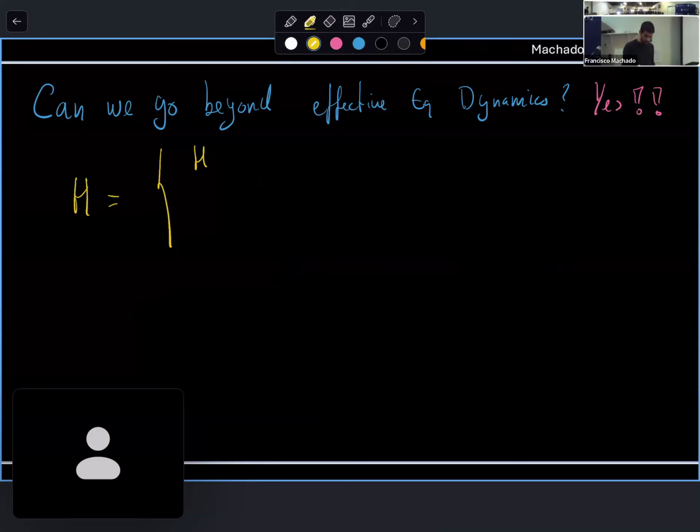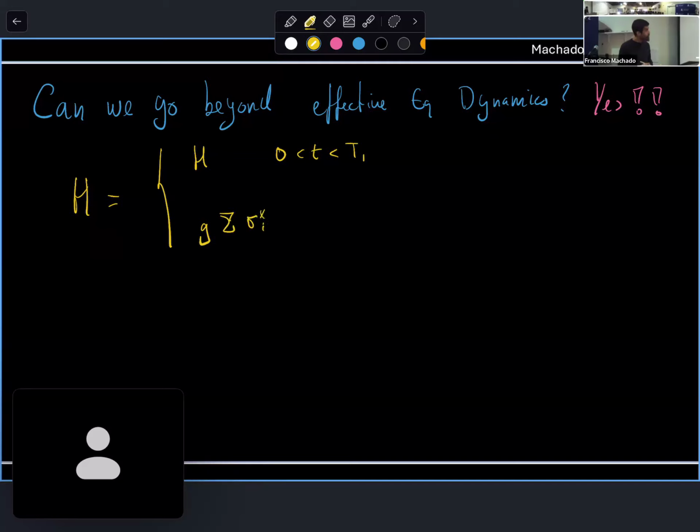And then I'm going to do this for some time t1. And then I'm going to do a rotation where I effectively apply a global field on all my spins. But I'm going to choose this such that it only lasts for a time pi over 2g.